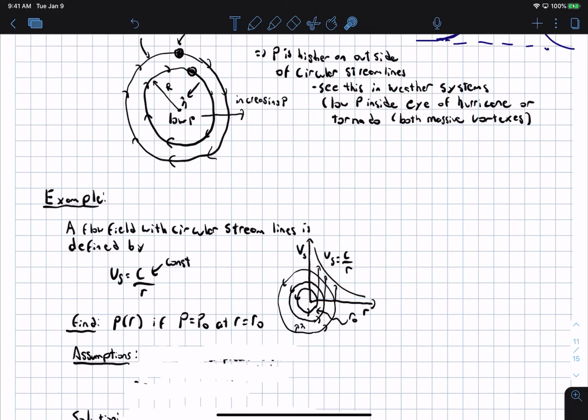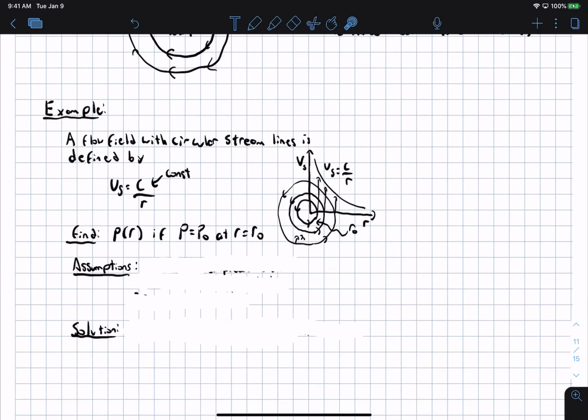We are to find the pressure as a function of R if P equals some P naught at some R naught. Okay, and so now we are asked to add a plot here to figure out what the pressure is going to be as a function of R.